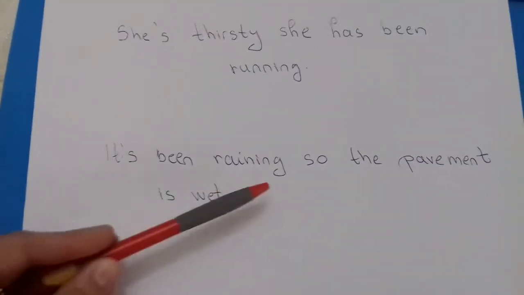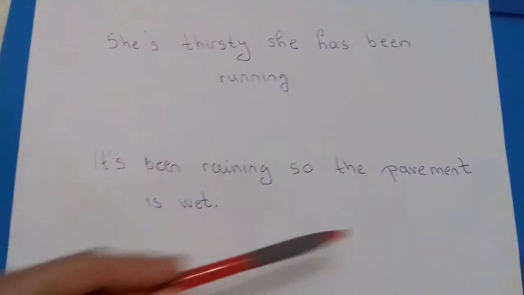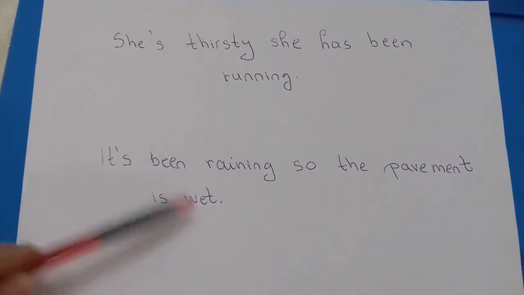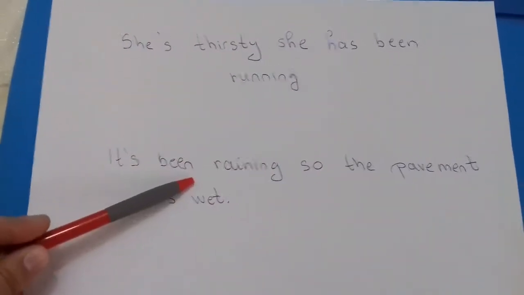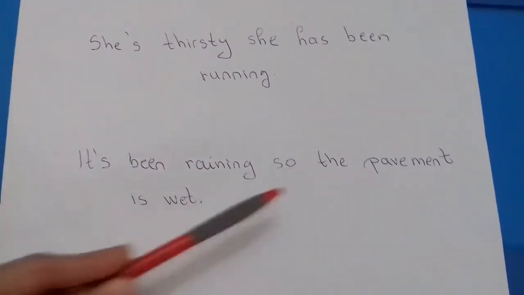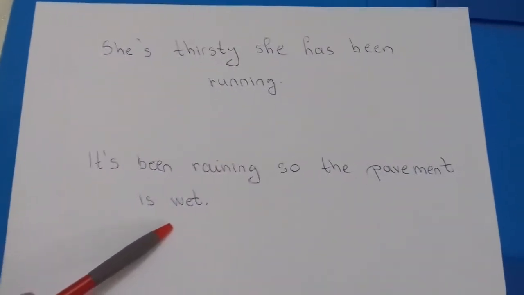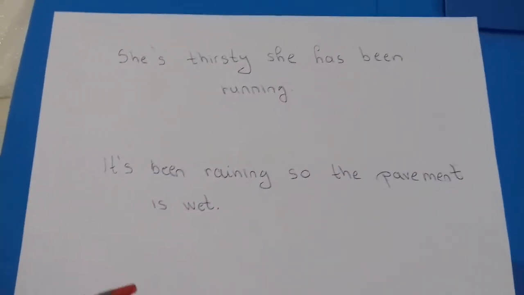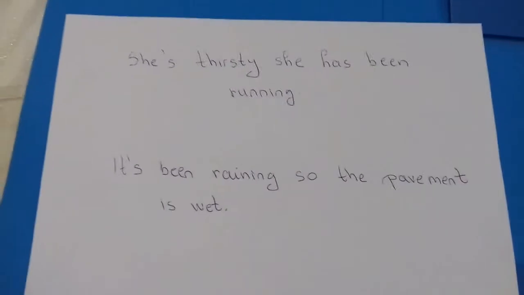Or it's been raining so the pavement is wet. It's been raining and the result of the rain is the pavement is wet. The focus is on the activity rather than the result.